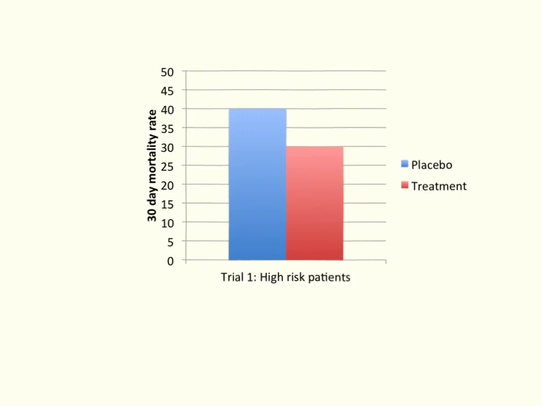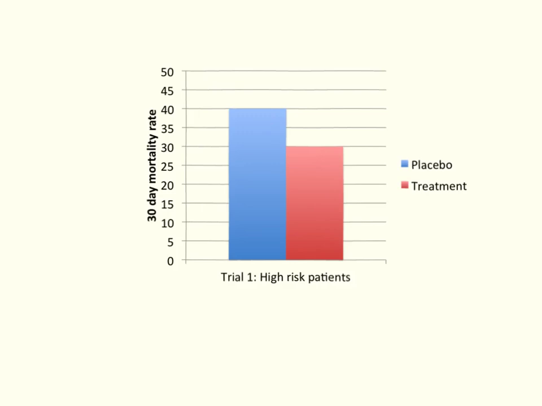Forty patients died within the 30-day period out of 100 patients, and the same is true for the treatment group. Another way of referring to incidence is absolute risk. So the absolute risk of death in the placebo group is 40%, and the absolute risk of death in the treatment group is 30%. Just two different ways of referring to the same number.